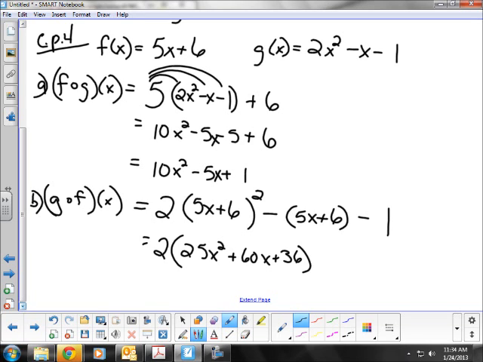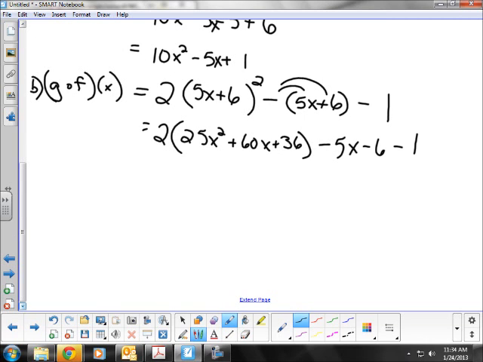Formula is I square the first term, first times the second times 2 because there are 2 of them, and the last one squared. If I'm subtracting off of parentheses, I need to do minus 5x and minus 6, minus the 1. I'm going to go ahead and distribute that minus sign through there, get rid of that parentheses. So I have to multiply through by this 2 now because I had to wait to do that until after I squared.